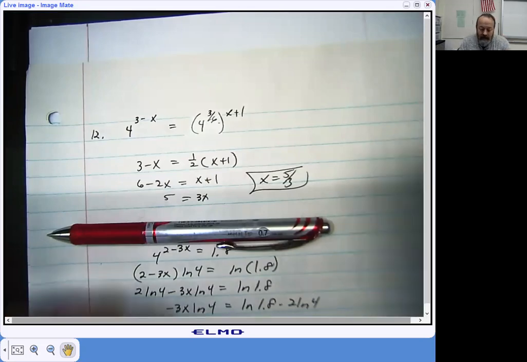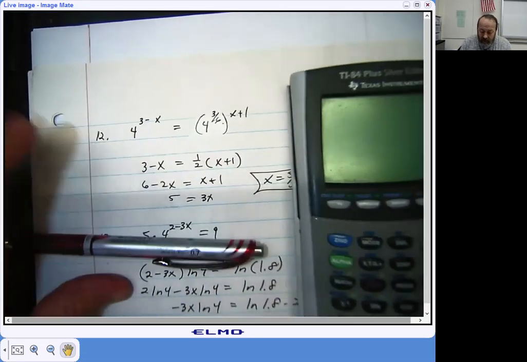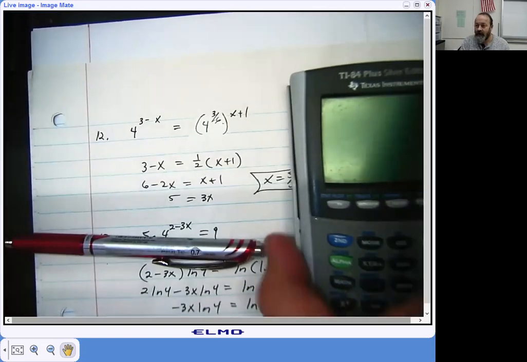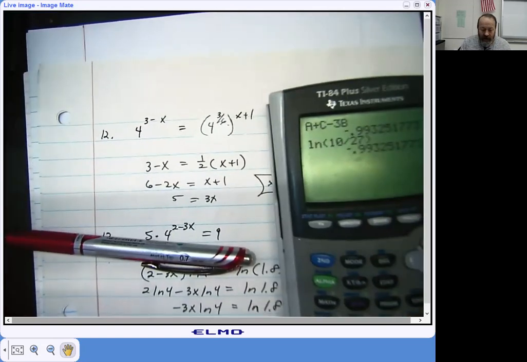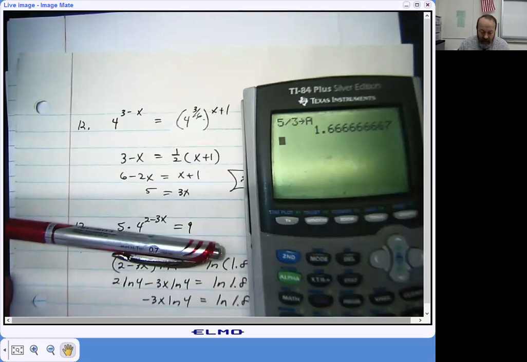And not to beat this point too much, but keep in mind, we just said that x is 5/3, right? So that means if I took 5/3 and stored it as a, and you don't have to store it, I just like doing it that way, 4 raised to the 3 minus a power is some weird, terrible looking number.